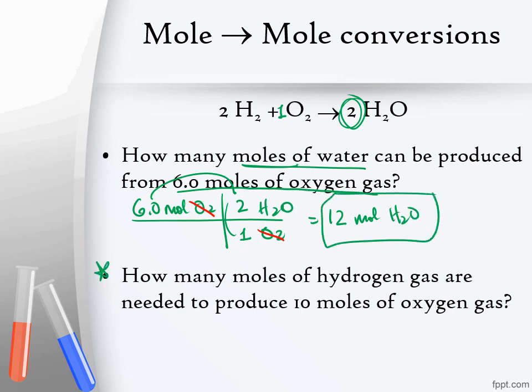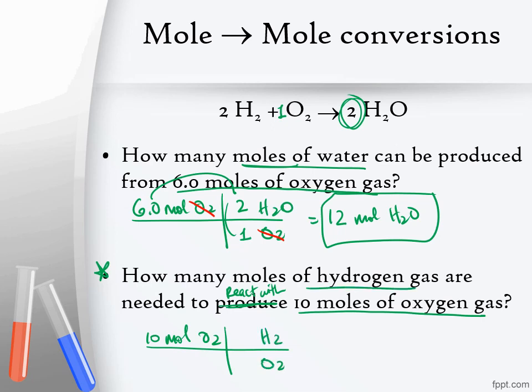And then this one, how many moles of hydrogen gas we needed to produce 10 moles. Ooh, that shouldn't say produce. That should be react with, because we're not producing oxygen. React with 10 moles of oxygen gas. Here's our given, 10 moles of oxygen. How many moles of hydrogen gas? I'm going to flip my oxygen into hydrogen.